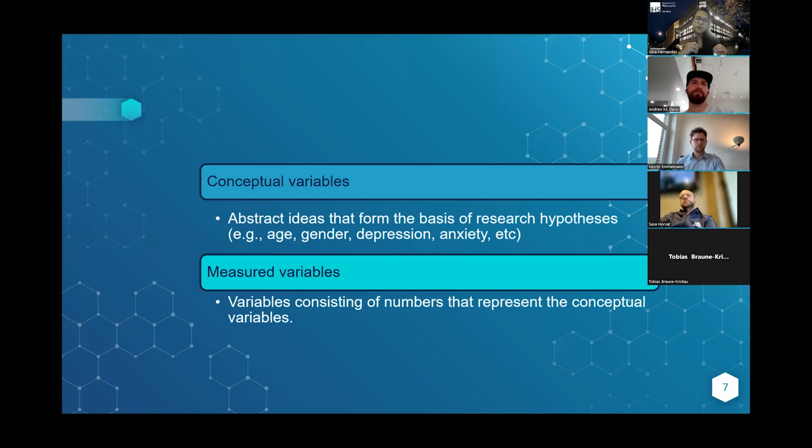And then you need to determine how to measure this abstract concept. And then you will end up with measured variables, which consist of numbers that can represent the conceptual variables.